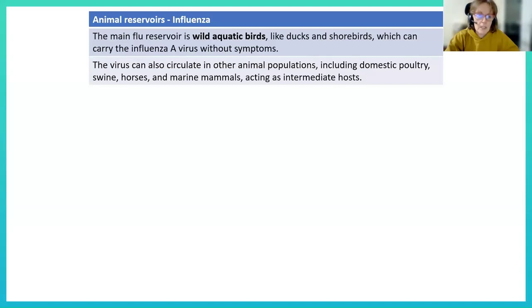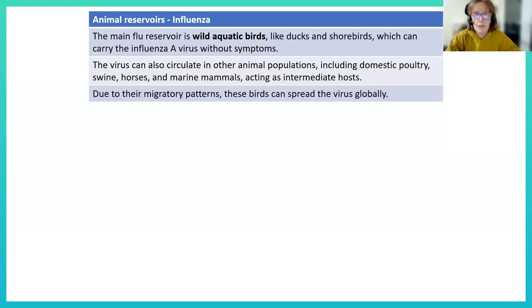And as soon as it's in farm animals, it will spread to other animals on the farm: horses, pigs, and all sorts of marine mammals can pick up flu from seabirds. So they can all act as intermediate hosts. They might not be the original vector, that's bird species, but they can also become infected.